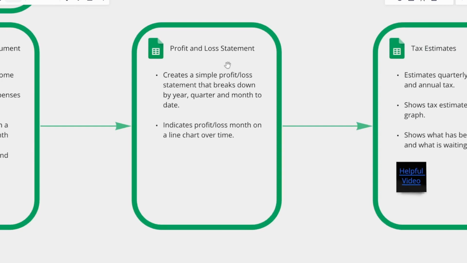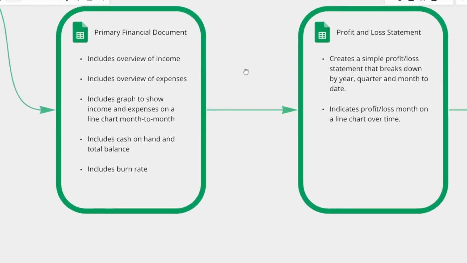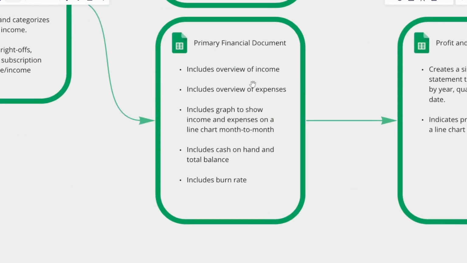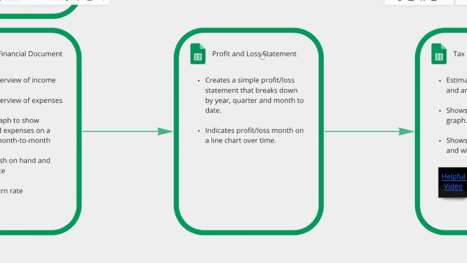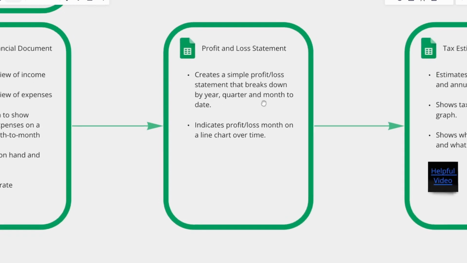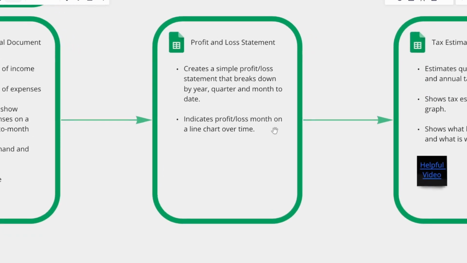I've found this is the most common financial document that people have asked me for. So before, I had to get rid of a lot of the extra data in my primary financial document, but now it's just going to automatically generate a profit and loss statement for specific years, quarters, or months. And it's also going to indicate profit and loss month to month on a line chart over time.